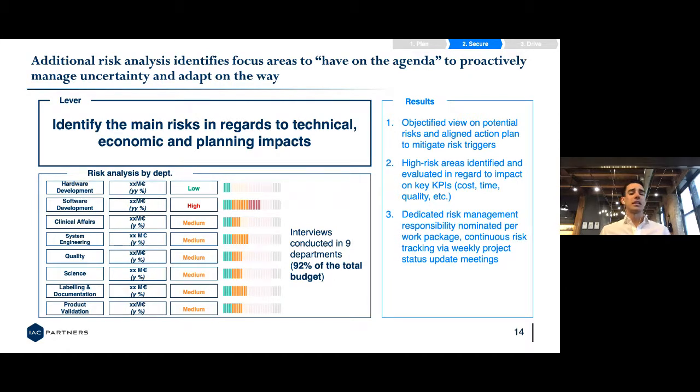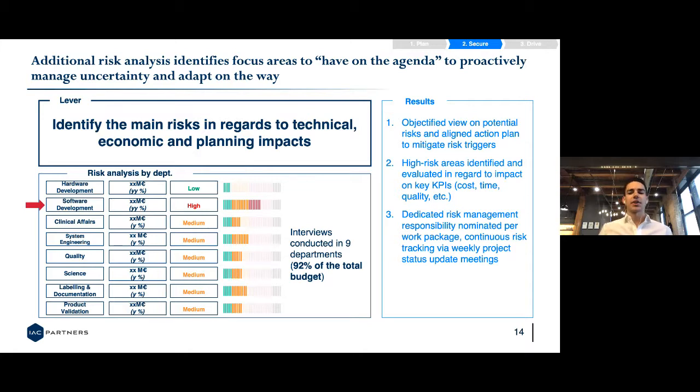Those concerns would mainly be around any technical concern, any economic concerns, such as not having the resources, and anything from a planning perspective where they felt, hey, we might have issues because we need these inputs from another department before we can start this, and we think that there is going to be a risk there.